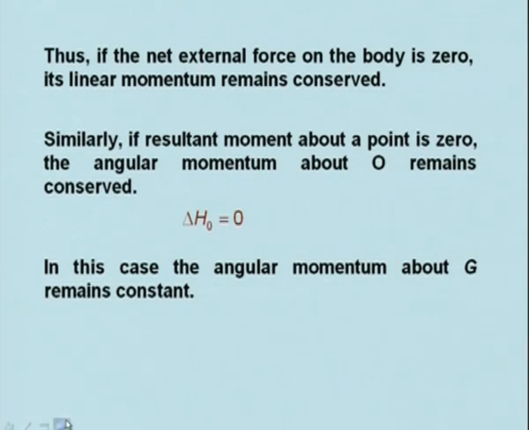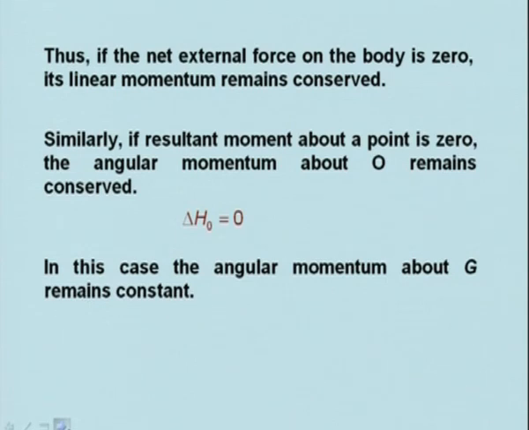So, combined linear momentum is this one. Thus, if the net external force on the body is 0, its linear momentum remains conserved. Similarly, if the resultant moment about a point is 0, the angular momentum about O remains conserved.